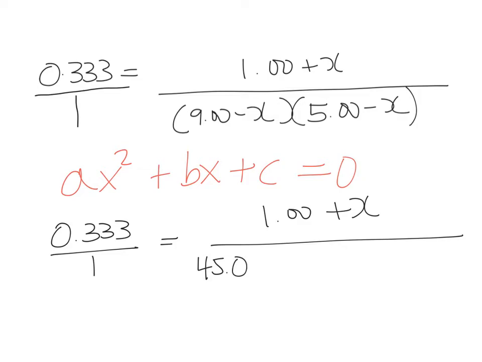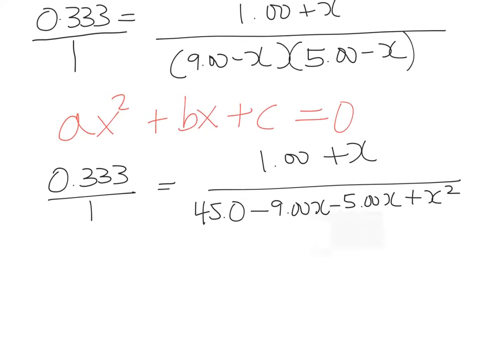Then I'm going to multiply the 9 with the minus x, followed by the minus x with the 5. And what I will get is minus 9x minus 5x. And then finally, I'm going to multiply that minus x, and that is going to give me plus x squared.